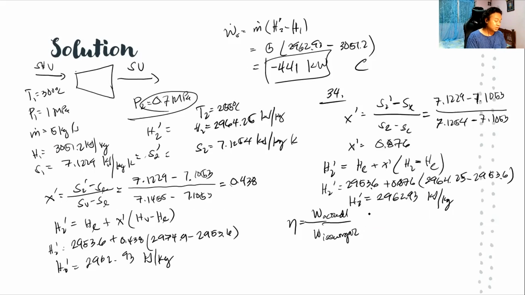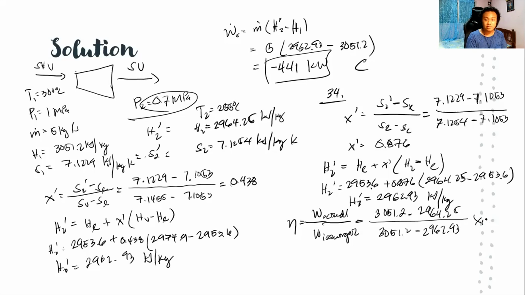So we have the actual, 3051.2 minus 2964.25, which is the actual, over 3051.2 minus your isentropic enthalpy, 2962.93.